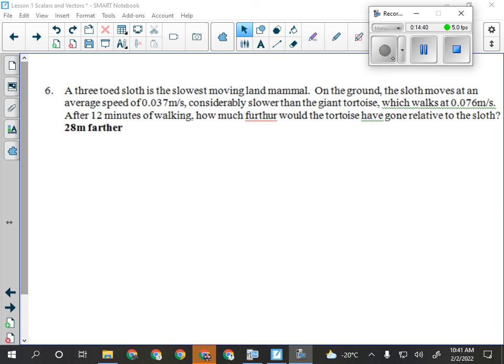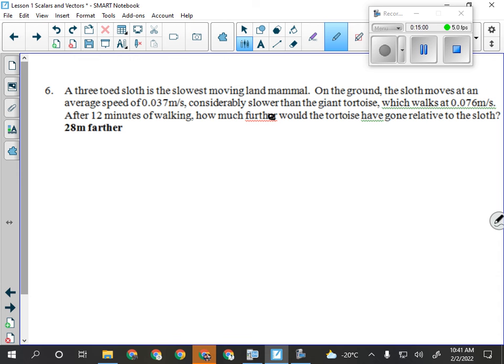Okay, so quickly for number 6, if we've got these 2 really, really slow animals, and we want to figure out which one's going to go the furthest. Okay, we just have to solve for their distance traveled.